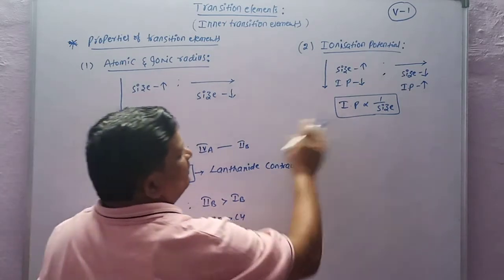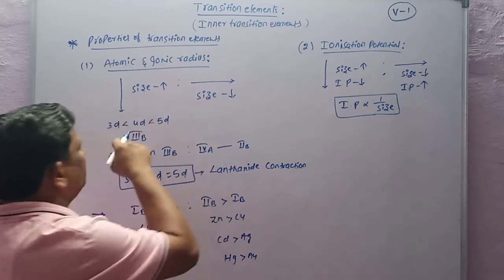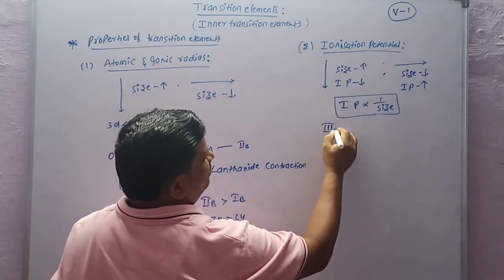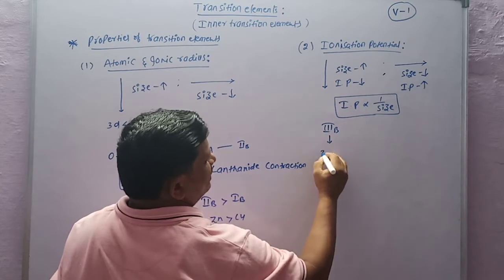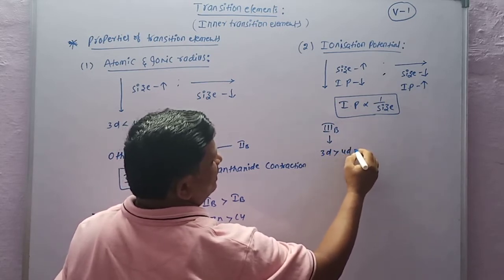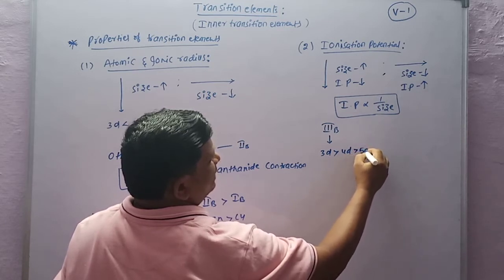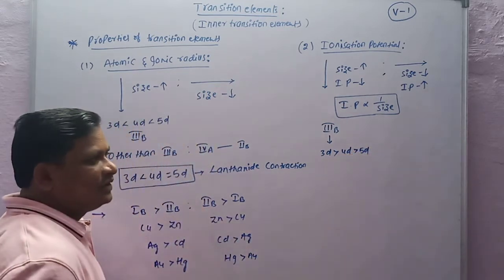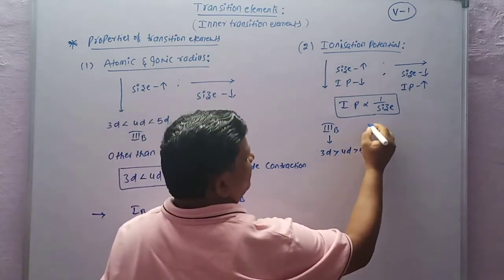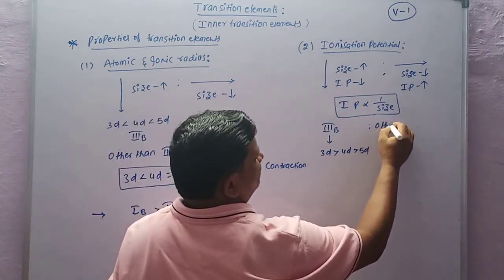So now IP values are generally 3D, 4D, 5D. With respect to third B group, 3D is greater than 4D, which is greater than 5D series elements.